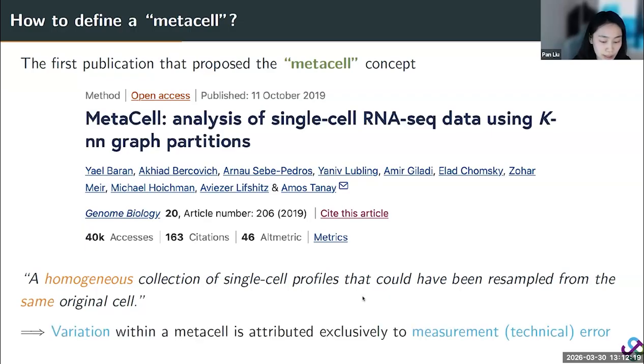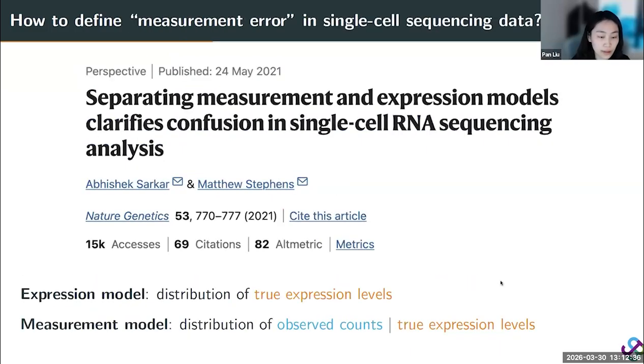So our translation is that given this concept, if we see variations of single cells within one metacell, then these variations should be exclusively due to measurement error, or to say technical error, instead of biological differences. So given this definition, how do we address the problem?